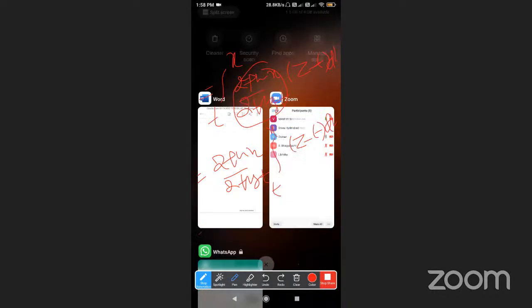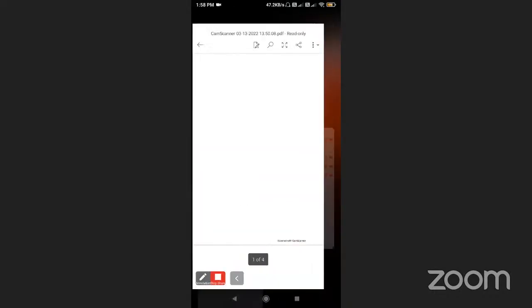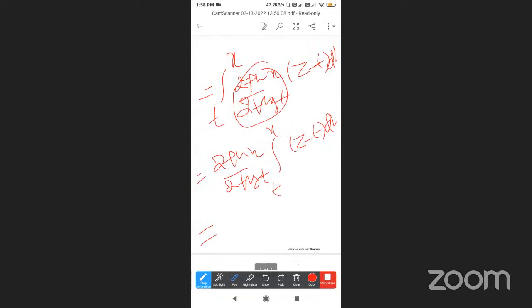Now integrate z minus t: it gives z minus t whole square by 2 factorial, with limits t to x. Upper limit minus lower limit; the lower limit gives t minus t equals 0, so only the upper limit remains: x minus t whole square by 2 factorial.